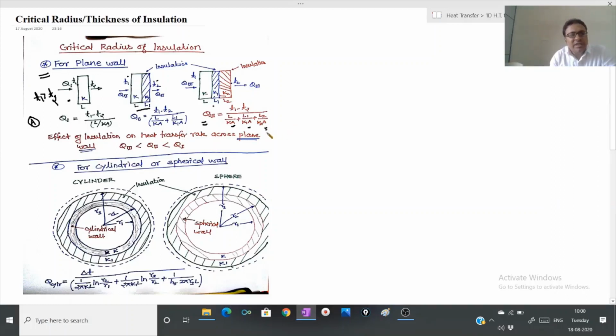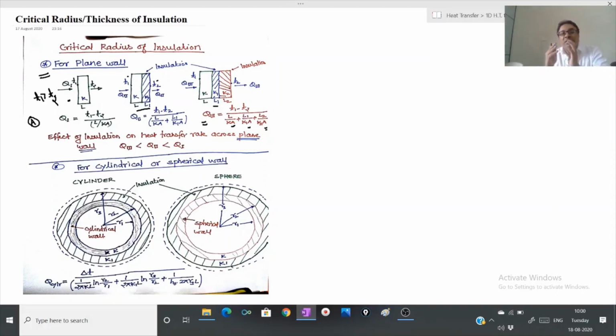Similarly, here the length of the path of the heat flow in the direction of heat flow is L plus L1 plus L2. So area normal to heat flow remains constant. Thickness in the direction of heat flow increases, and thermal conductivity of insulating material is also coming into picture.